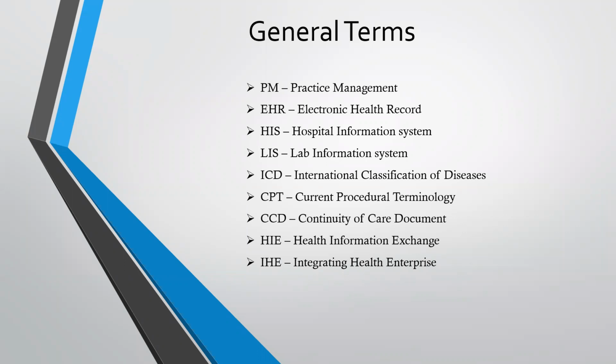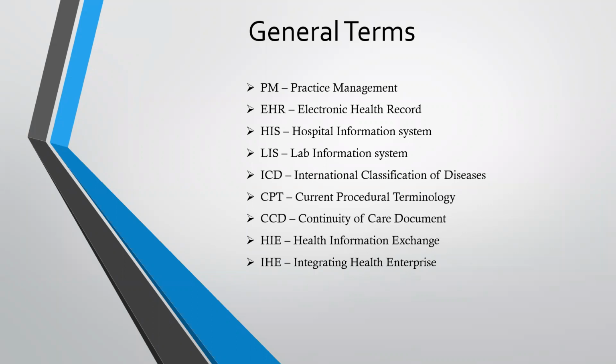Then we have CCDs, HIE and IHE. These three go hand in hand. CCDs are documents, basically summary documents is what you can think for now. They would tell you what happened to the patient once the patient visits the hospital. It may be an inpatient visit or an outpatient visit.